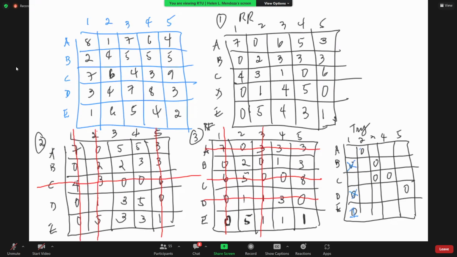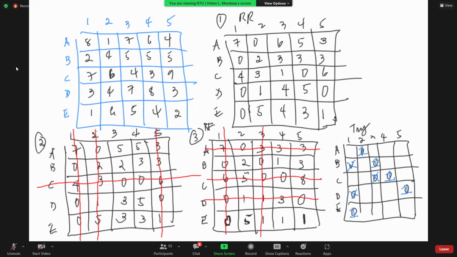So, bibigay mo si 2 kay A. Si B, nag-iisa na rin ang natirang 0. Ibig sabihin, ibibigay mo siya kay 3. O si B kay 3. So, since binigay mo si 3 kay B, hindi mo na pwede ibigay si 3 kay C. Since hindi na pwede si C kay 3, ang pwede na lang sa kanya ay 4. So, si D, pwede mo nang ilagay sa 5.